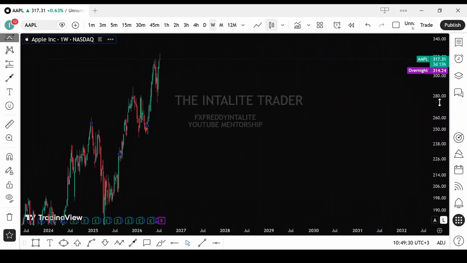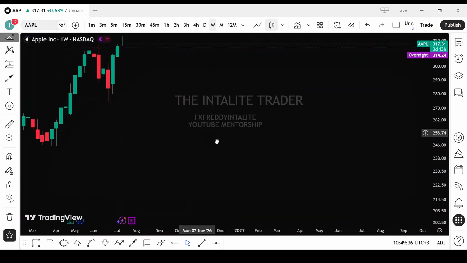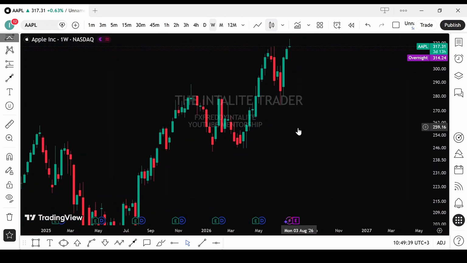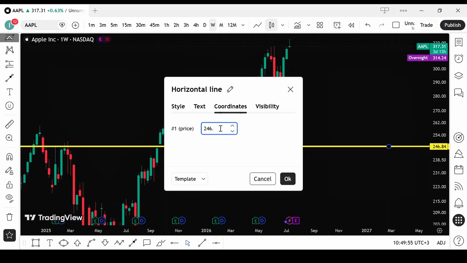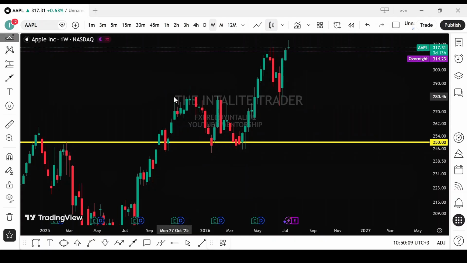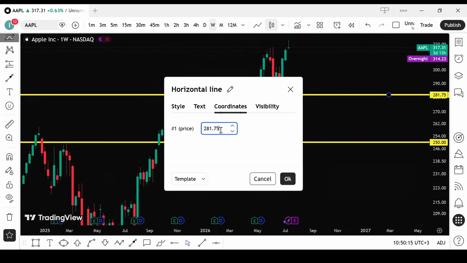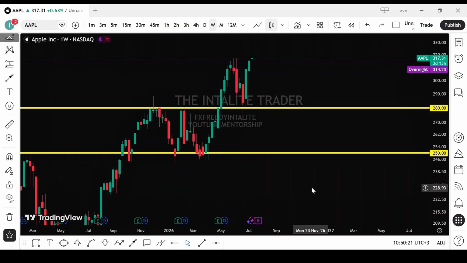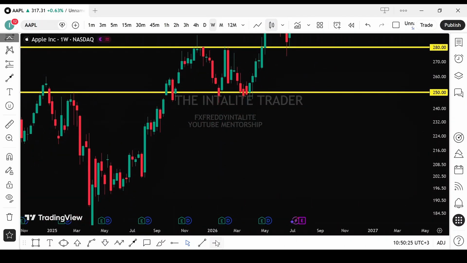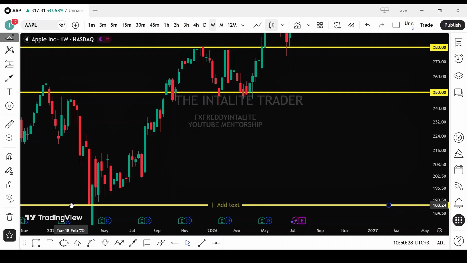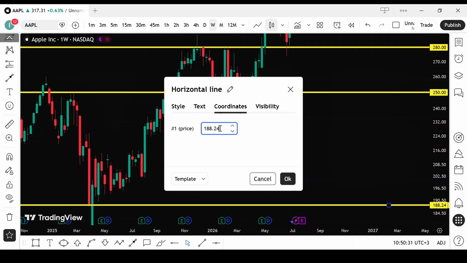So this is Apple stock price. If we put our line here, if I just mark it to be 250, then I come and mark here, this is 280. Then also come and mark down here, 180.